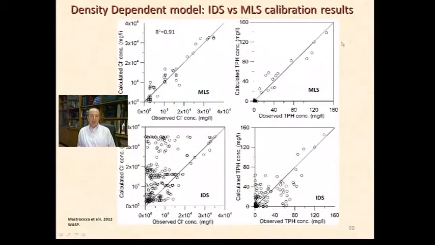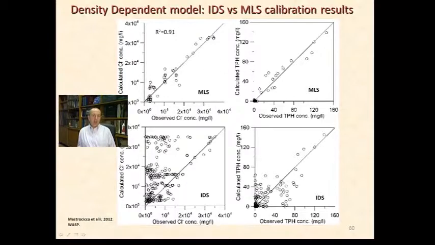This is the slide that resumes the results of our calibration process, so I will describe it very carefully. On the left side you can see the results of the calibration about the chloride transport model. On the right side you can see the results about this model for total petroleum dissolved hydrocarbon.